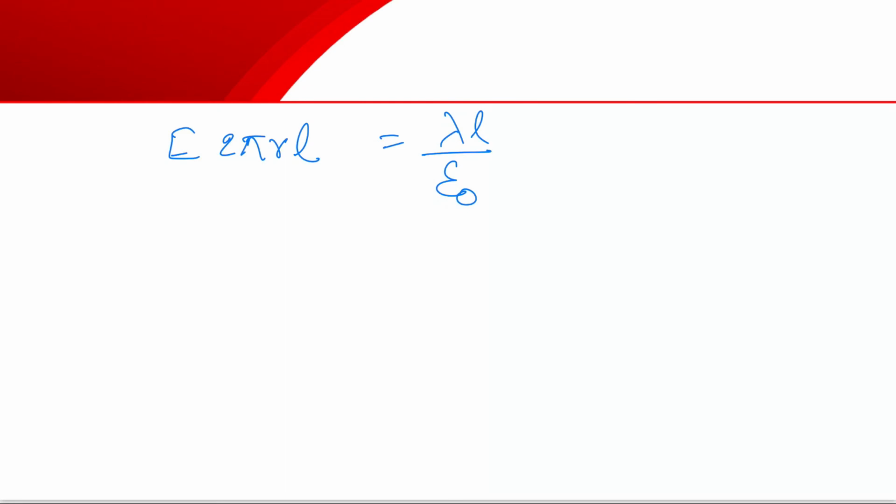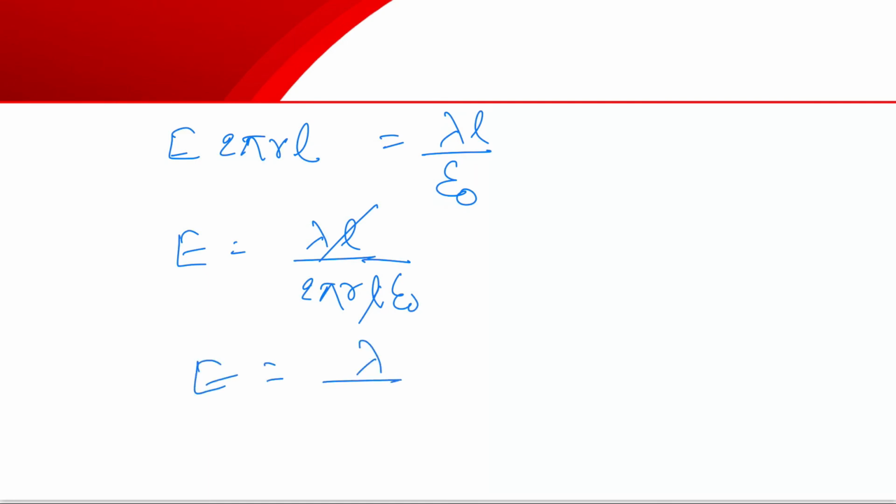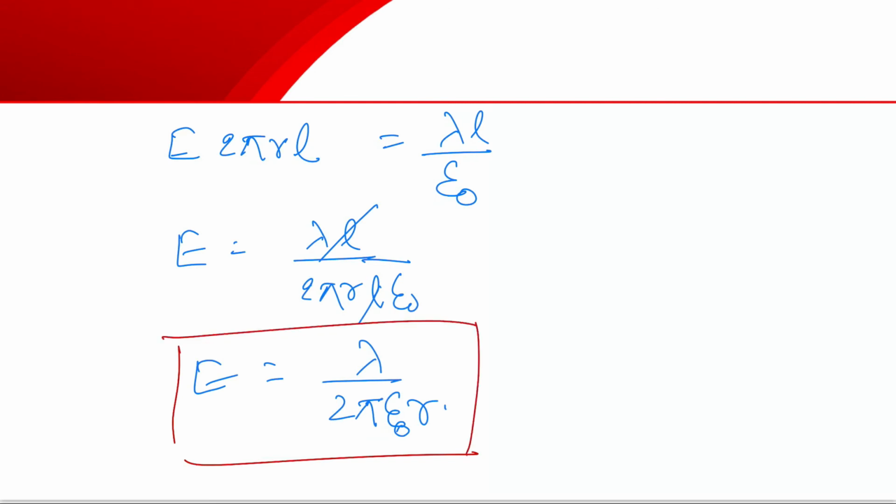Finally, from here we can write E equals lambda L upon 2 pi r L epsilon naught, and this L will cancel. So E will be equal to lambda by 2 pi epsilon naught r. This is the final expression of electric field intensity due to a uniformly charged straight infinitely long wire.